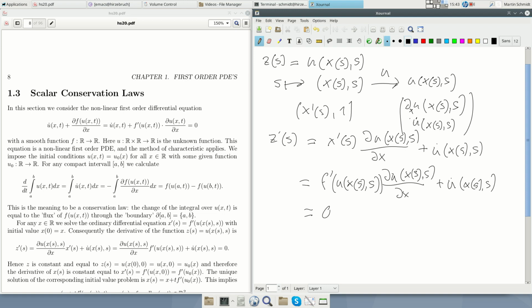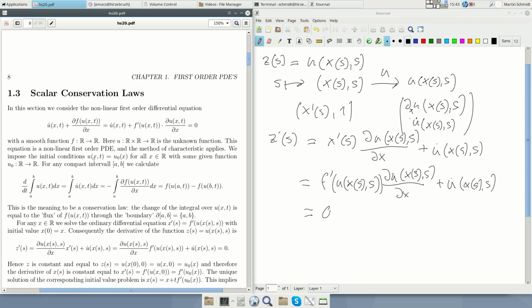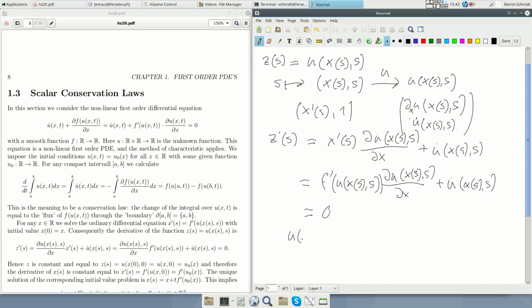Now our initial condition, here this has to be replaced by a 0. I will correct this soon, of course. The initial condition is that u of x, 0 is u0 of x, for all real numbers x.